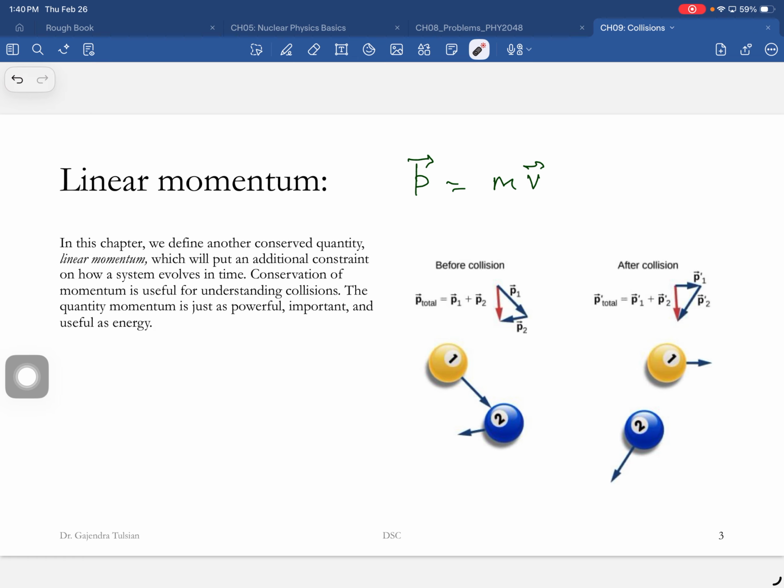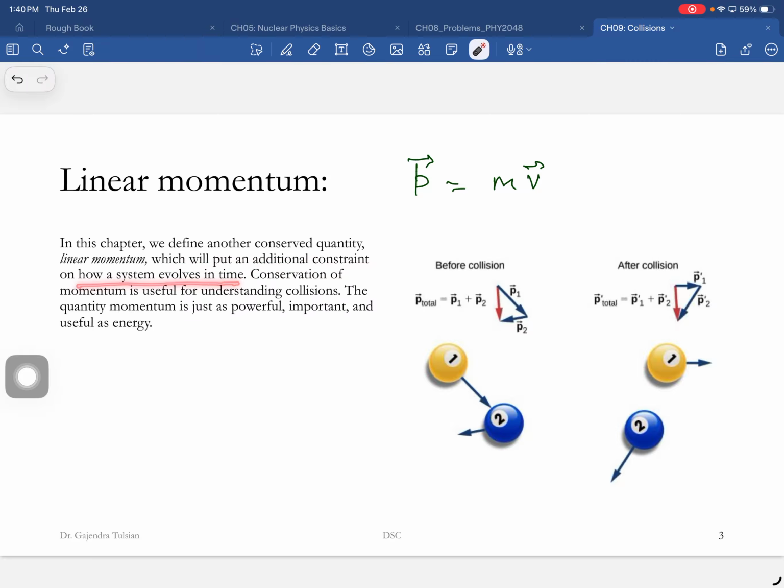Momentum is conserved. So it's a very powerful quantity. After collision, this guy went that way, this guy went this way, and look, the total momentum is the same.